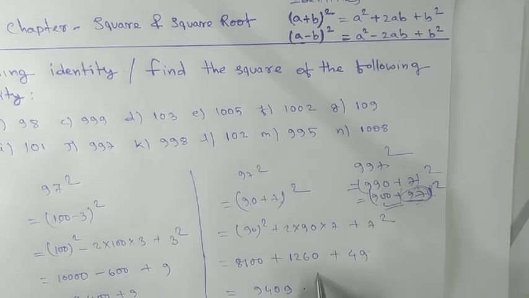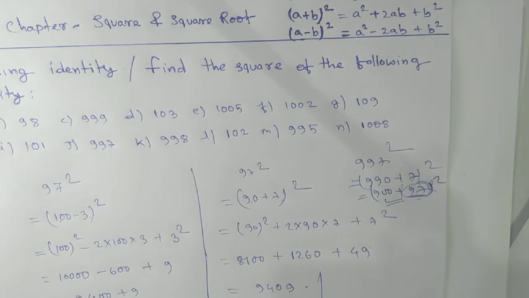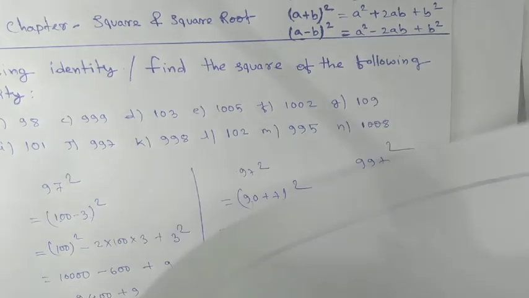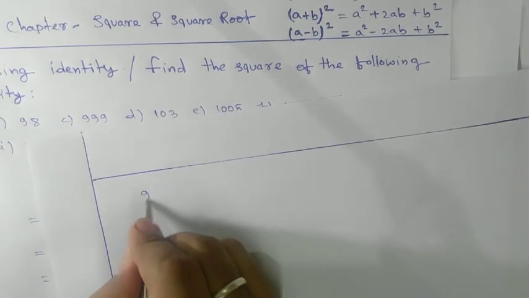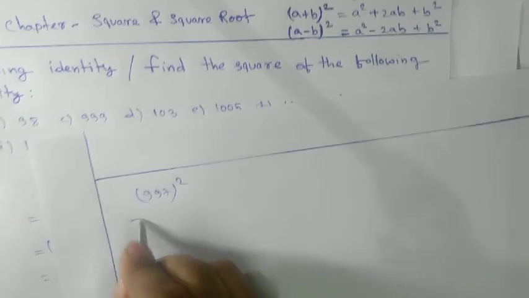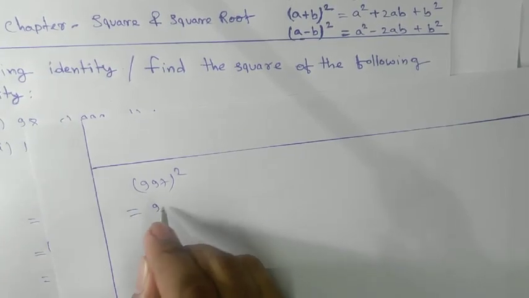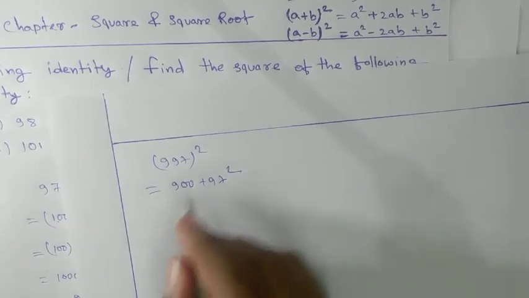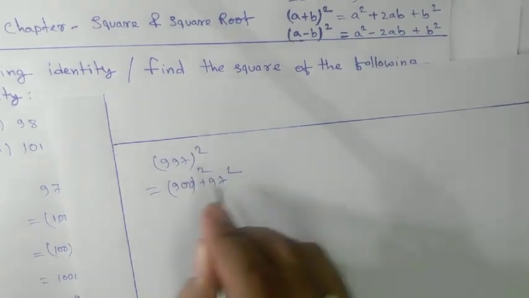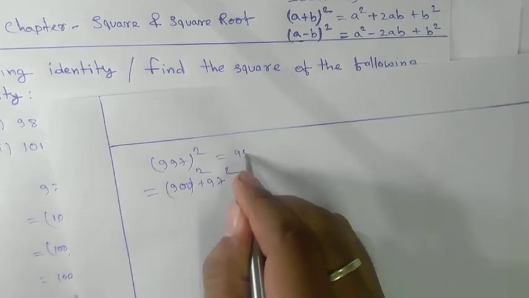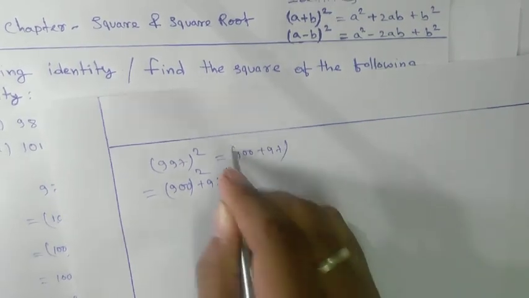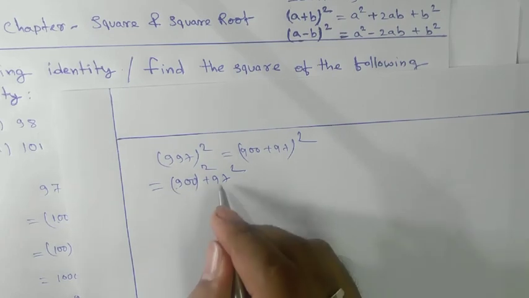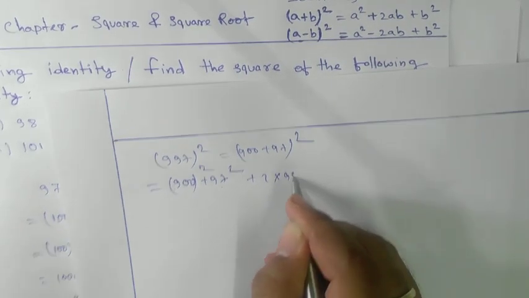Let's go to the next page and try to understand. If I choose 997 and write it as 900 plus 97, what will happen? Let me write 900 plus 97 whole square, that means a square plus b square plus 2ab.